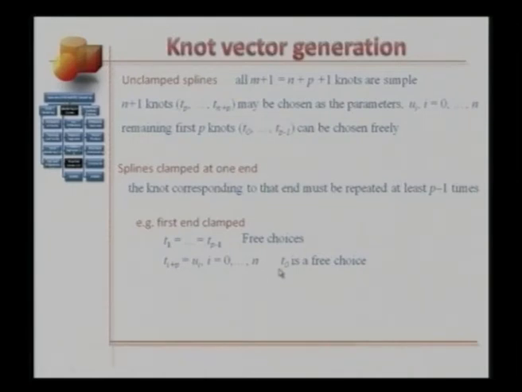As you would know, this is again a free choice. So we can set T0 equals T1, implying that the first p knots now are equal. It doesn't change things much. We'll still be getting our spline clamped at the first end.